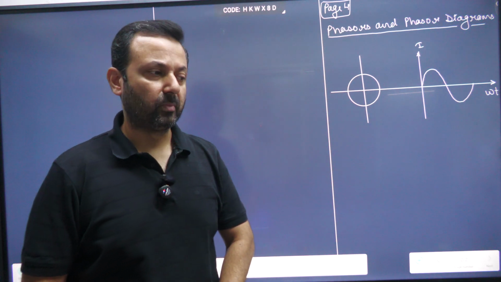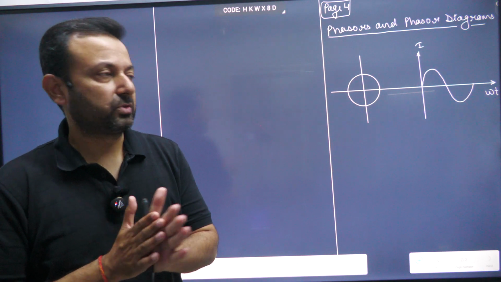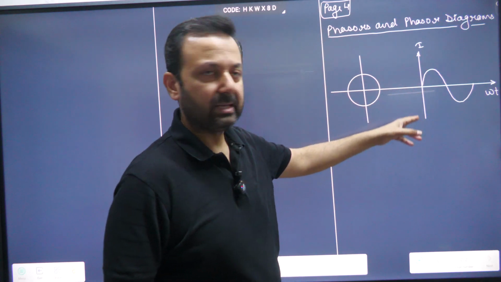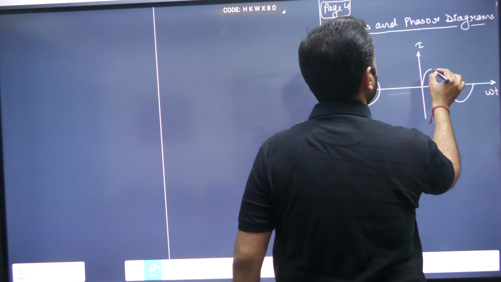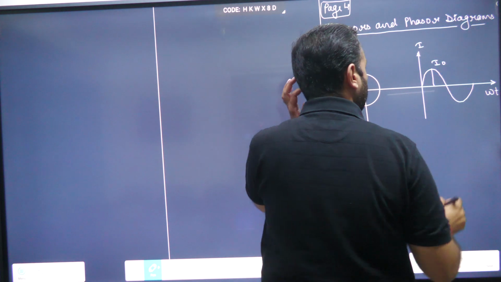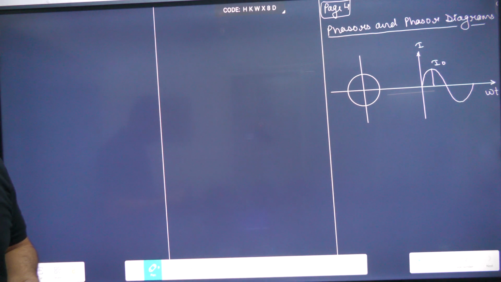What is omega t? Omega t is an angle. Omega t is theta. So we show omega t on the x-axis and I current on the y-axis. What is the maximum value of current? This is I naught. The maximum value of current we call the amplitude of current. So this is I naught.